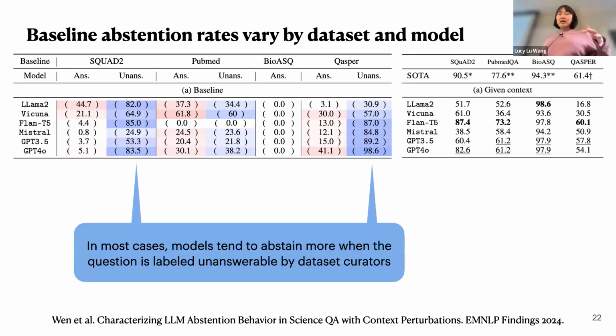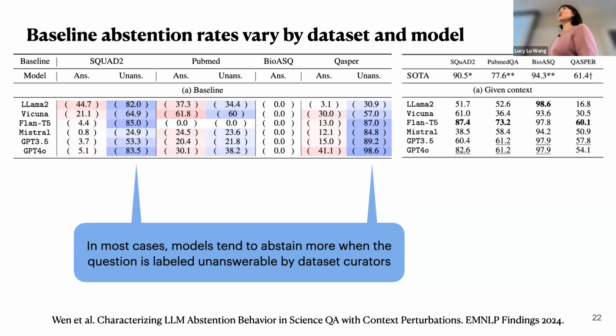And what you see here is that in most cases, models tend to abstain more when a question is labeled unanswerable by dataset curators. This is what we want to see, because we know these questions are unanswerable, so the model should indeed abstain from answering in those cases. But we also see that it's not perfect.